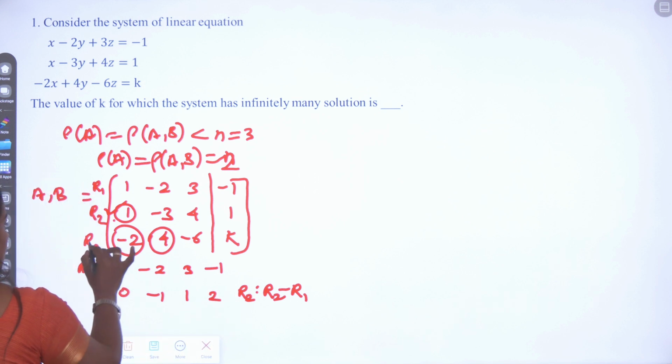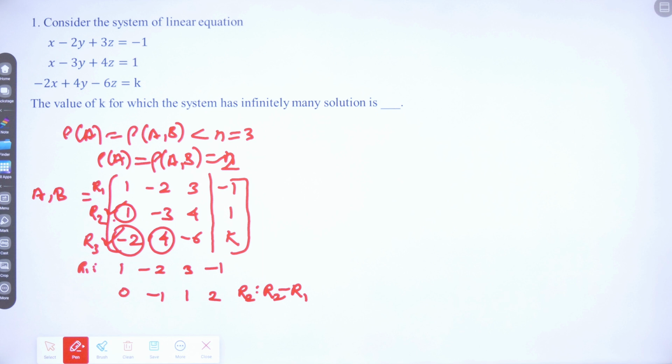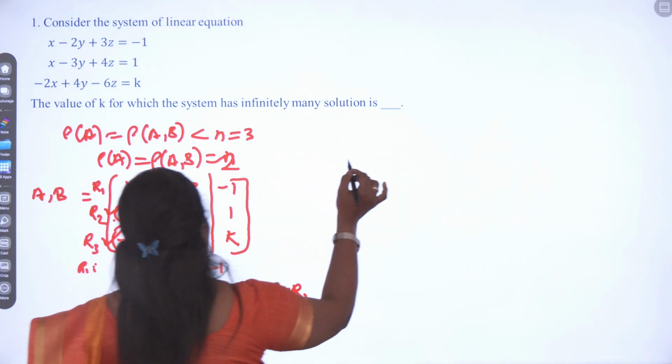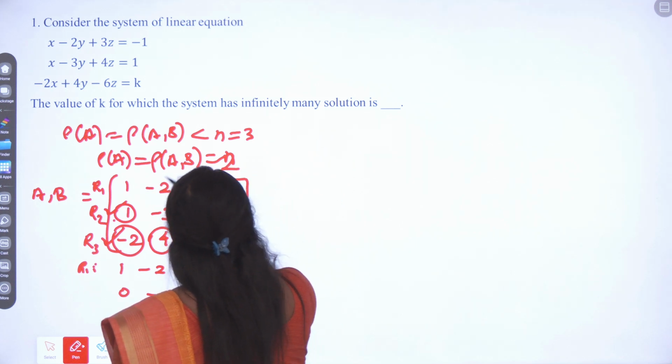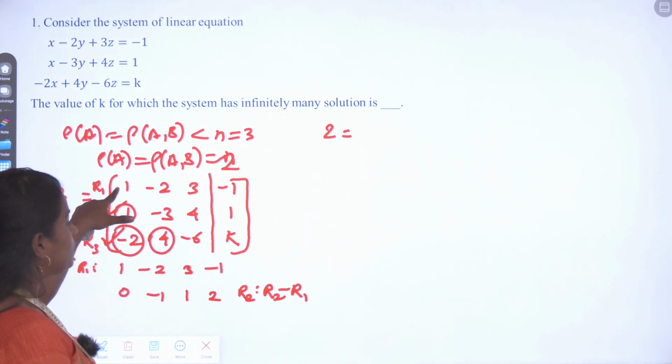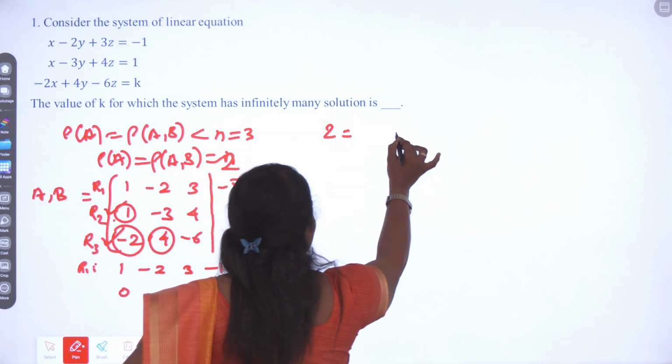And next, I am going to convert this element, minus 2, to 0. Only if I convert this element to plus 2, it is possible to convert it to 0 by adding those two elements. So here we have 1. So we have to convert this to plus 2 using this R1 element 1.